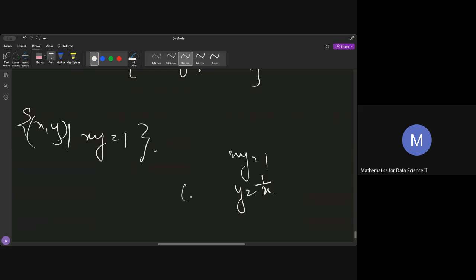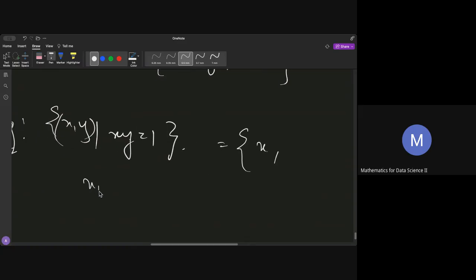This means it's the collection of all the x, y's such that, or let me just say, can I write this thing as, I'll keep x as it is. And in place of y, because this is the collection of x, y's where the product of these two should be equal to 1, if I'm taking x to be the first tuple, then the second one should be what?